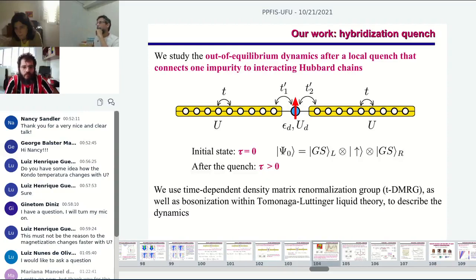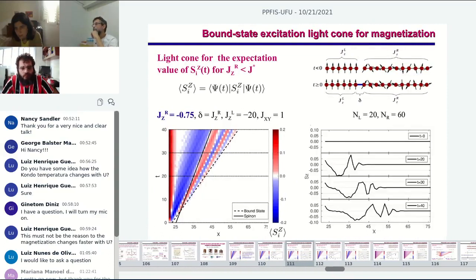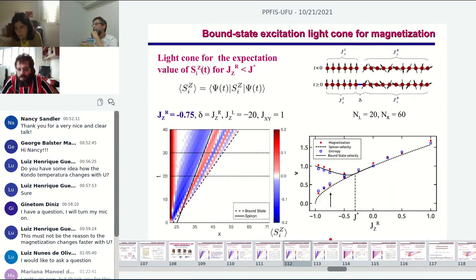You have two branches of the... Well, it is related to the point where the velocity for the bound state becomes larger than the velocity for spinons. Is there a physical reason for this? No, I don't remember.